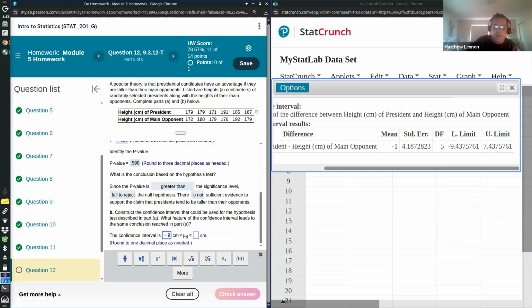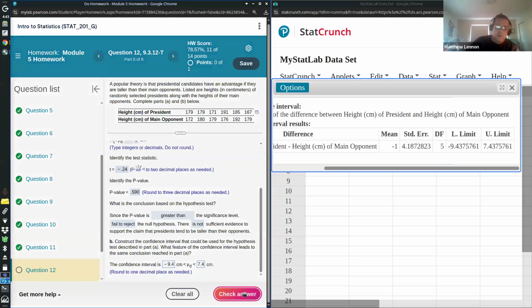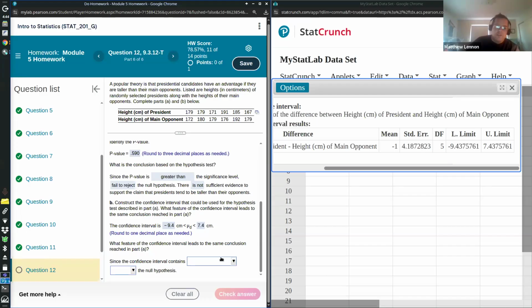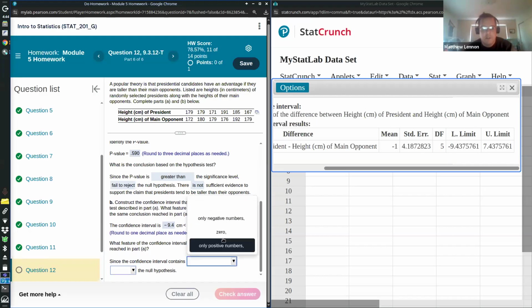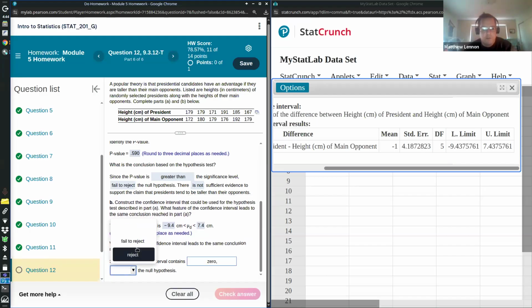Let's not let that happen again. 9.4 minus 9.4 and 7.4. Okay. What feature leads to the same conclusion? Well, a negative lower limit and a positive upper limit means it includes 0. So fail to reject.